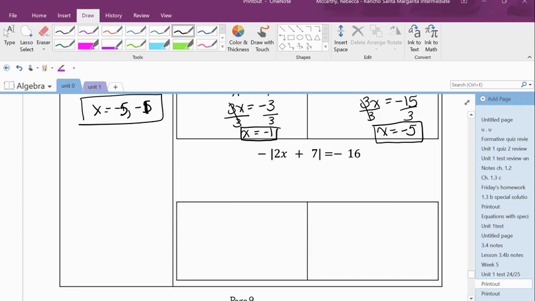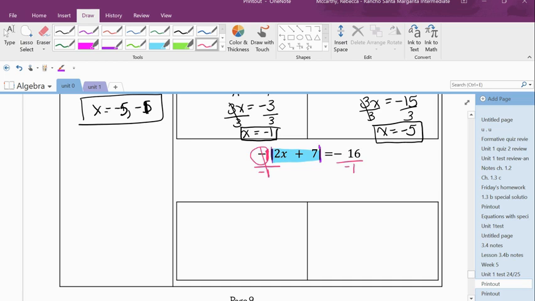Okay, here I have another one. I'm going to identify my absolute value, which has to be isolated first. I recognize that I have this negative in front, outside the absolute value, so I have to make sure I get rid of it first. I know it's a -1, so I'm going to divide by -1 on both sides.